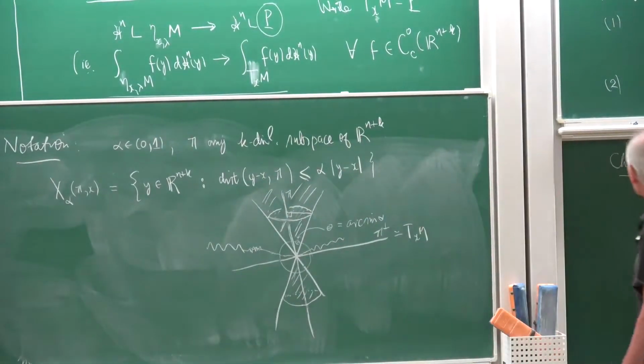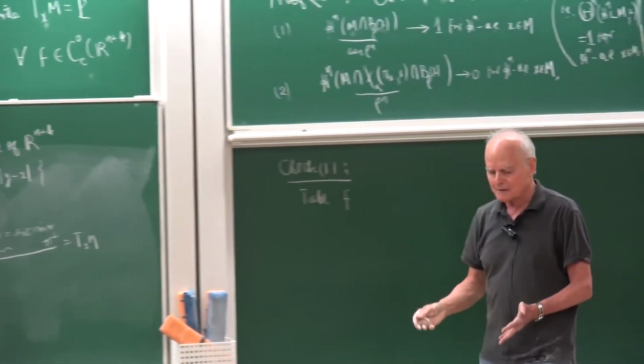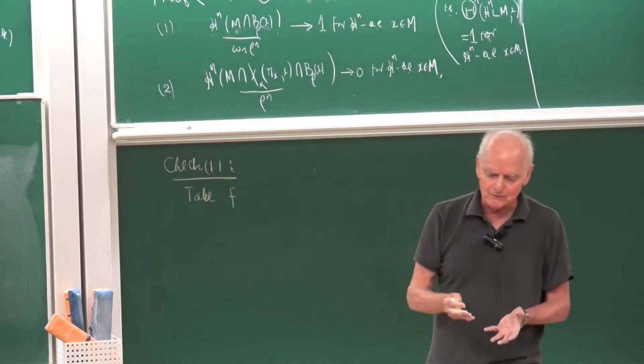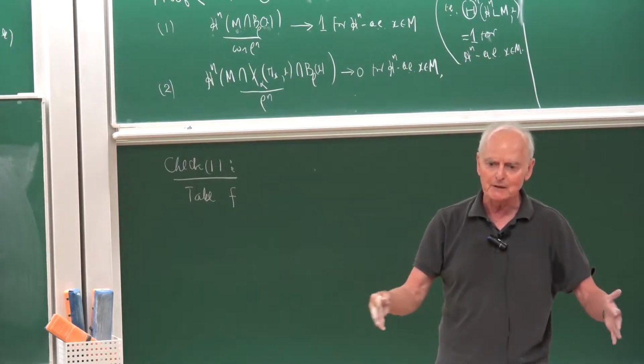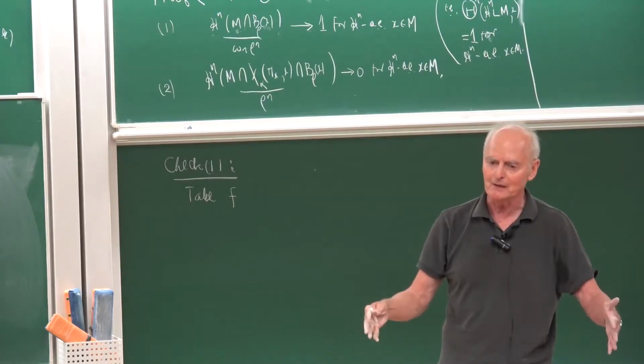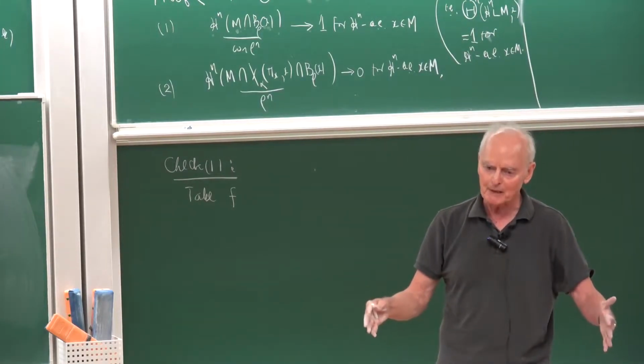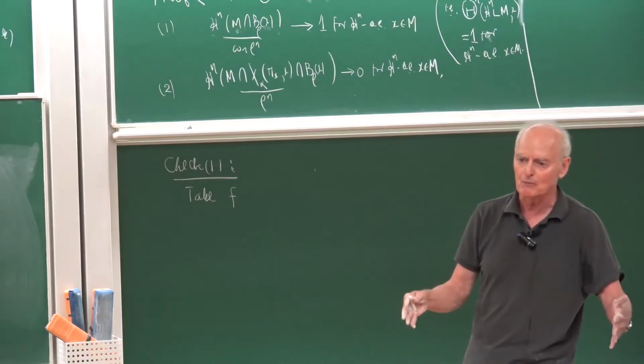So take f. You would like to take f to be the indicator function of the unit ball, but the indicator function of the unit ball has a discontinuity on the boundary of the ball, so you can't do that. So you've got to use an approximation to the indicator function of the ball, right?